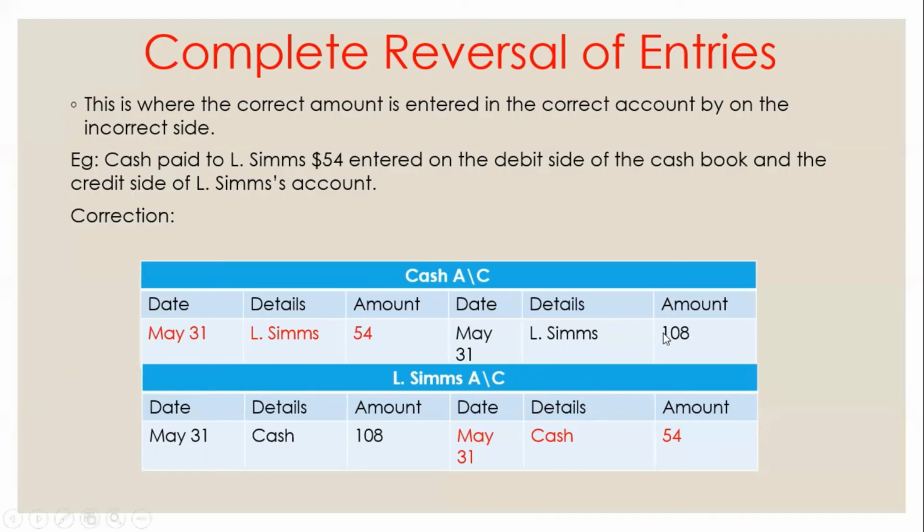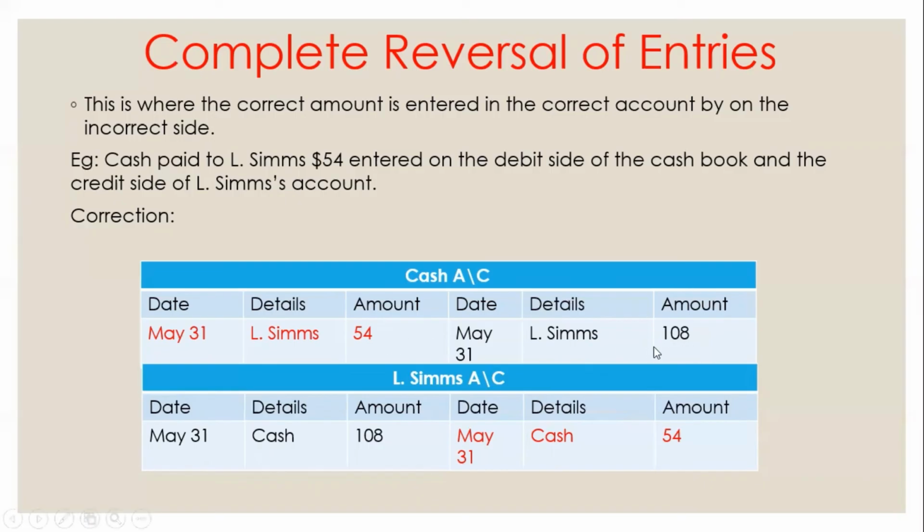Now, when you're correcting this error, you cannot just credit the cash account like that, right? With $54. Because if you credit the cash account with $54, you are basically canceling out this $54 here. And the balance on the cash account would be zero. You don't want that. You need to show that there is a payment of $54.